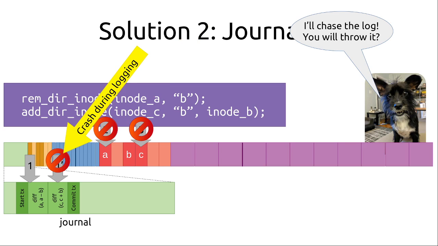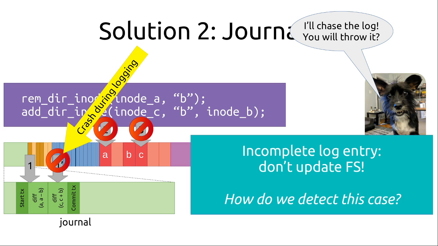So we have not actually committed the log out to the journal. That means that when we boot up, we'll be able to see that there's an incomplete log. Therefore, we cannot replay any of it out onto the disk data structures, and it's effectively identical to the case where we just didn't do any of these operations whatsoever.